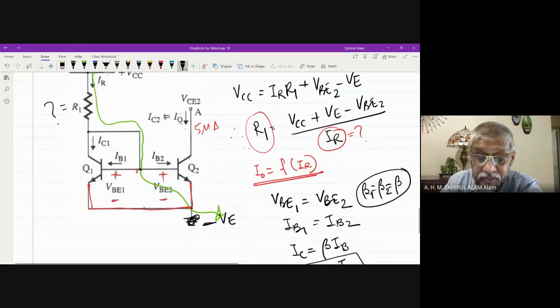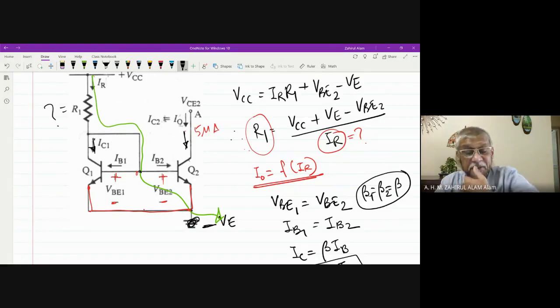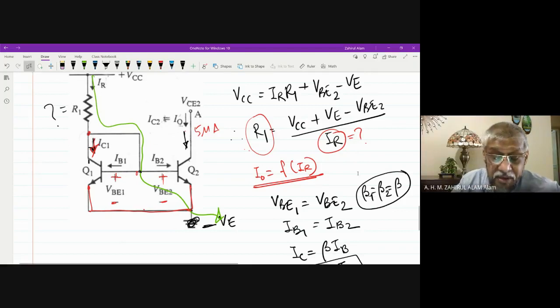So now IC2 and IC1 are equal. From this circuit, if we can find the relation between IC1 and IR, then we can solve. Now if we apply KCL to this node, then IR, this current, is equal to this current plus this current.